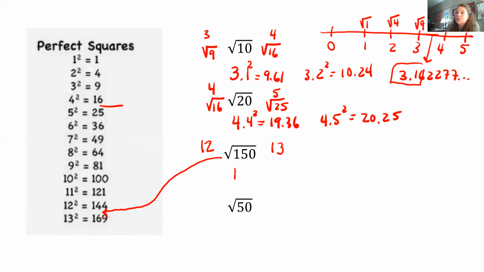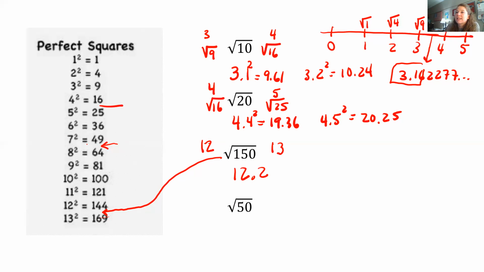So I know it starts with a 12. It would be closer to 12 than 13 because 150 is closer to 144 than 169, right? So I would start estimating around 12.12. And then finally, where does square root 50 fall here? Square root 50's got to be really close to the square root of 49, doesn't it?